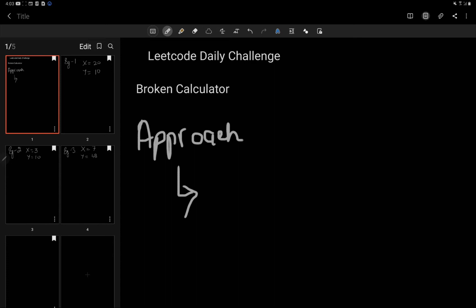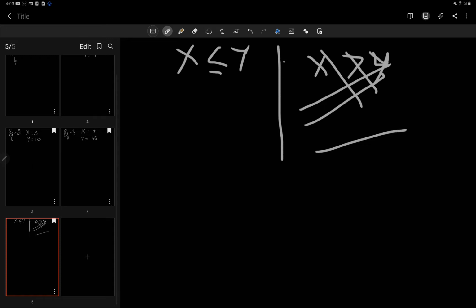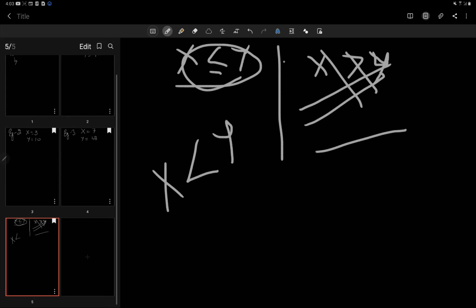We know that the two numbers can start from 1 and range up to 10^9. Either x is less than y, or x is greater than or equal to y. Let's not consider the second case as of now, because I'll let you know later on why. First we should focus on the case where x is less than y.